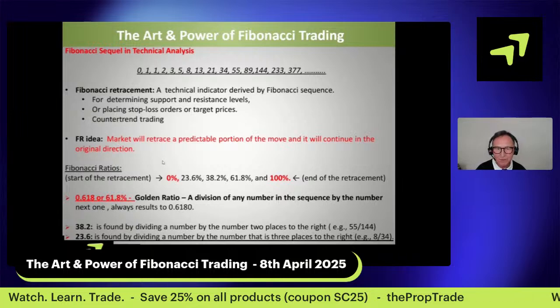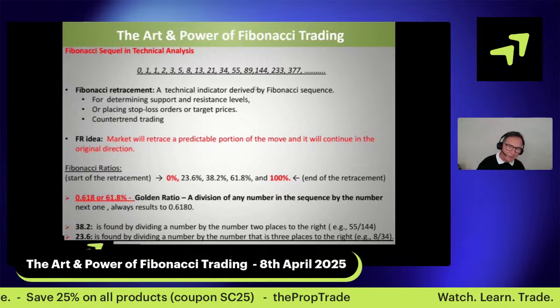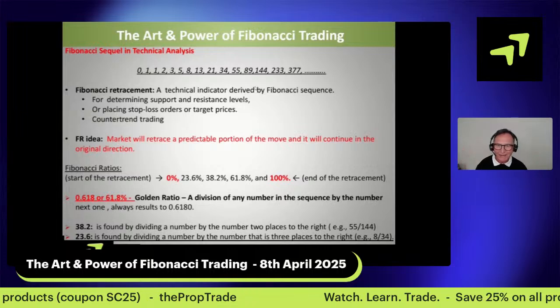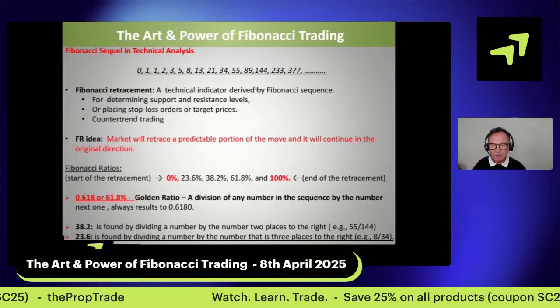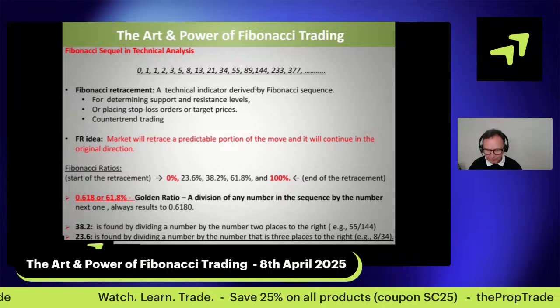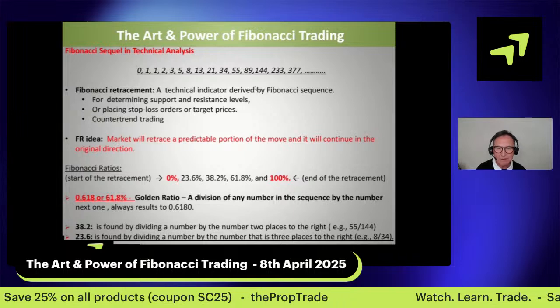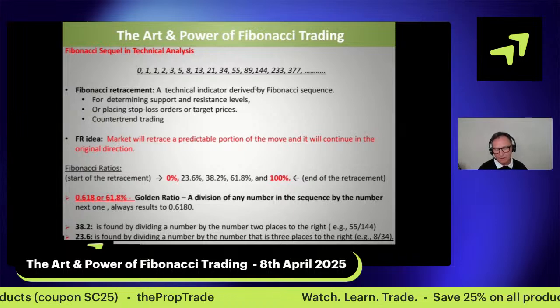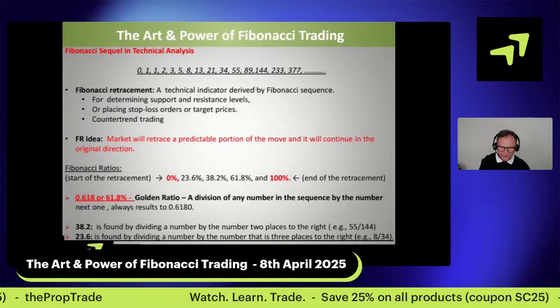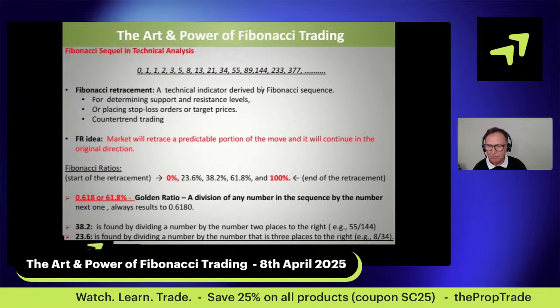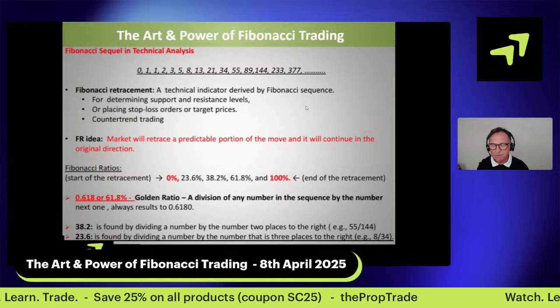So if you don't believe me, pick any of those numbers and the number next to it, and we get a ratio of 0.618, or very, very close to that, 0.62. I know people round it up or whatever.